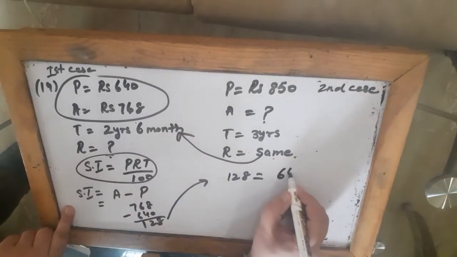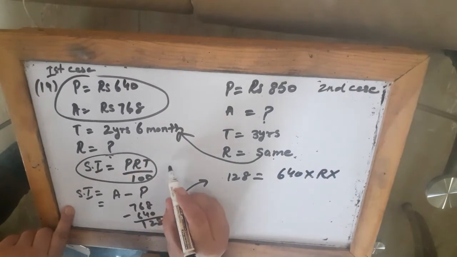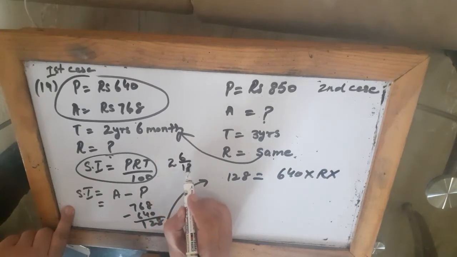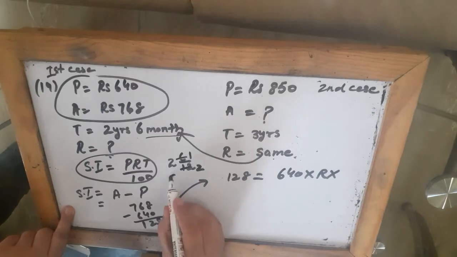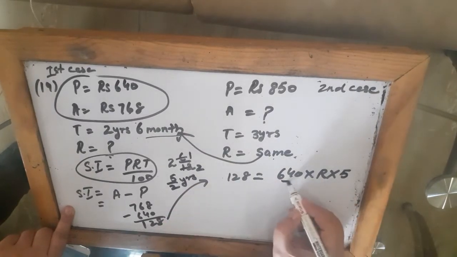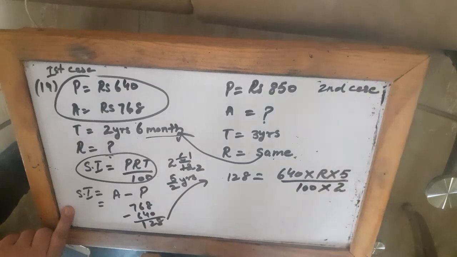P is 640. R I have to find. Time given is 2 years and 6 months, so I have to convert this into years. 6 months is 6 upon 12, so 2 and a half, that is 5 upon 2 years. So the time is 5 upon 2, multiplied by 640 upon 100.